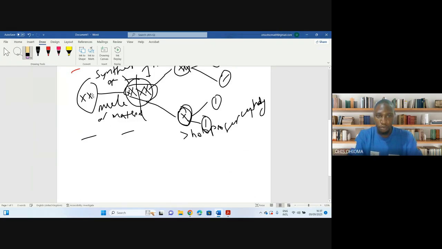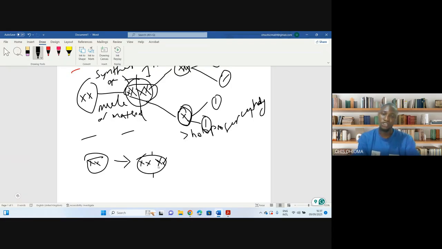So there will be a duplication of this chromosome. Let's say we now have 4 here. This is 2 that became 4. Normally, there's a division here that divides this cell into 2.